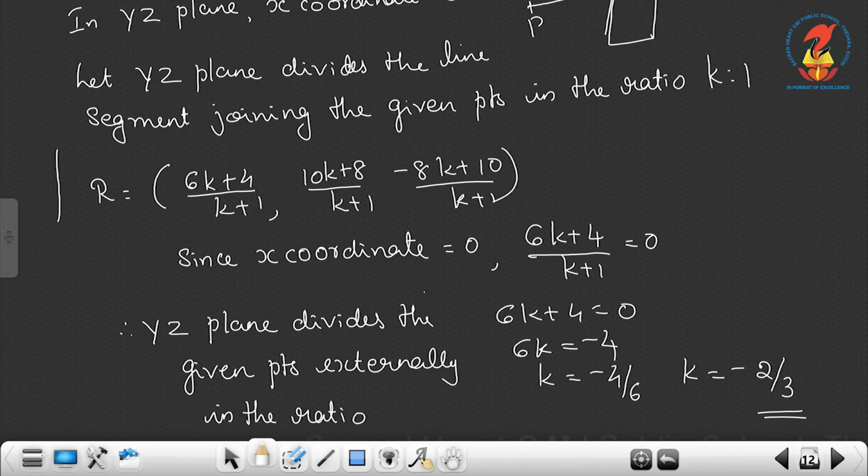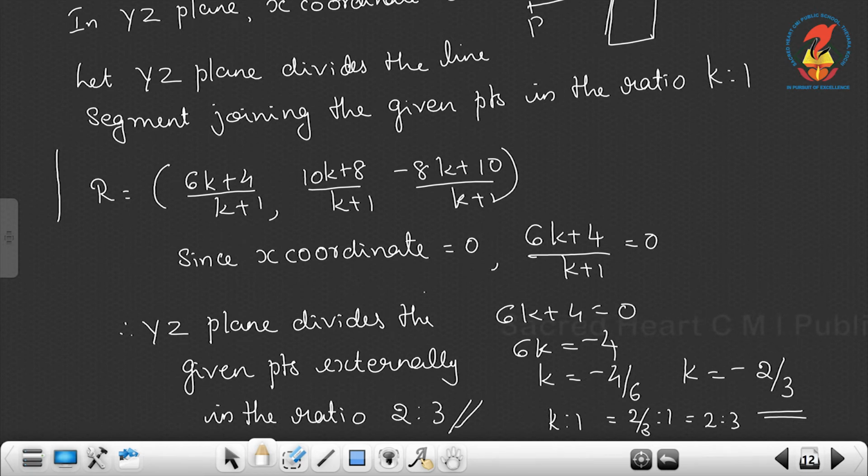Here k is minus 2 by 3. What is k is to 1? This minus you can neglect now. Minus indicates external division. So, it is 2 by 3 is to 1, or we can write as 2 is to 3. Okay. So, YZ plane divides the given points externally in the ratio 2 is to 3. Here I wrote externally, then no need of this minus sign here.